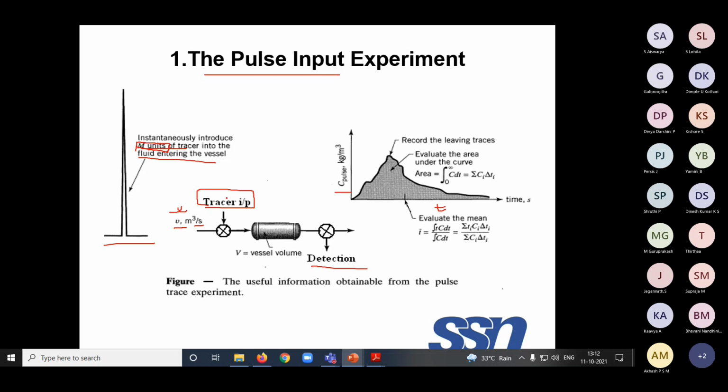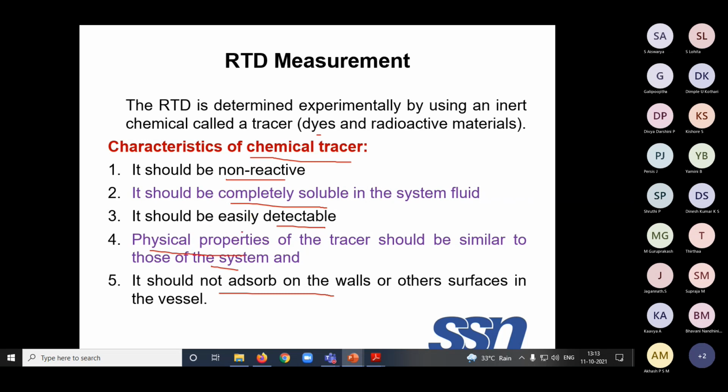At time t greater than 0, you are introducing the tracer, some m units. Then what will happen? Now at the output, you put a sensor here and measure the concentration of the tracer. The tracer is not reacting with this particular thing, but it is miscible with it, and the tracer you can easily identify. That is what the conditions are.